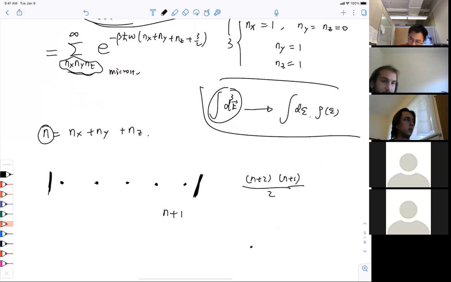If n equal to 1, I can put my first here or here.